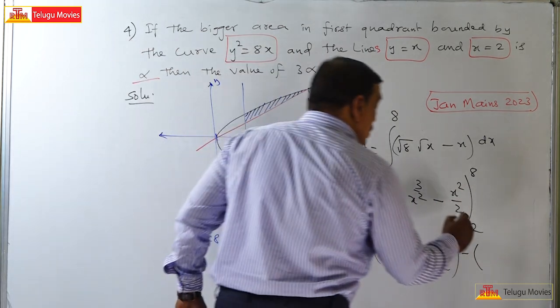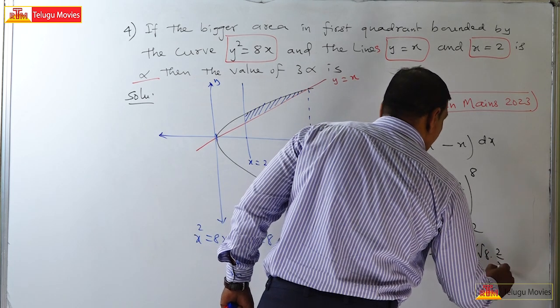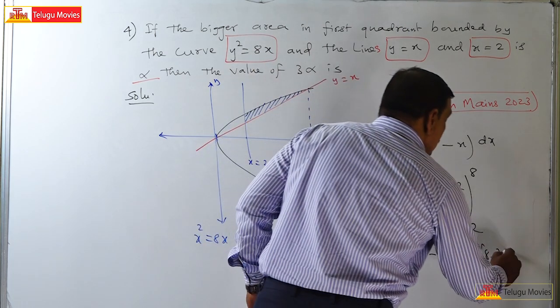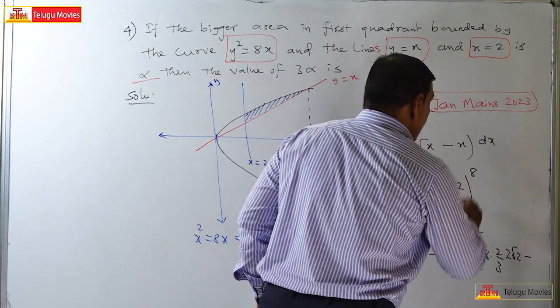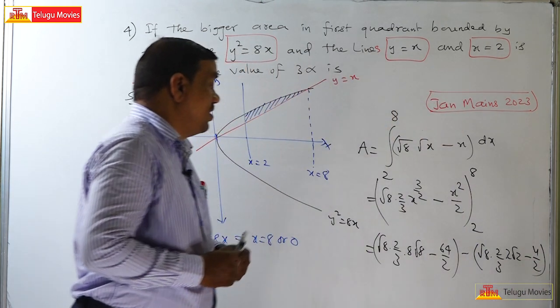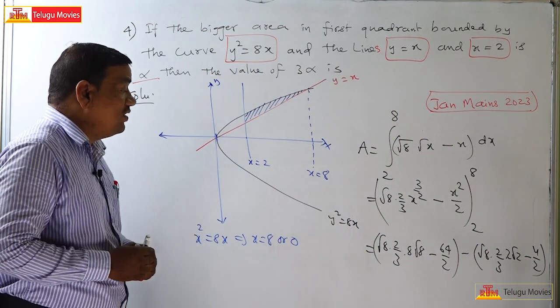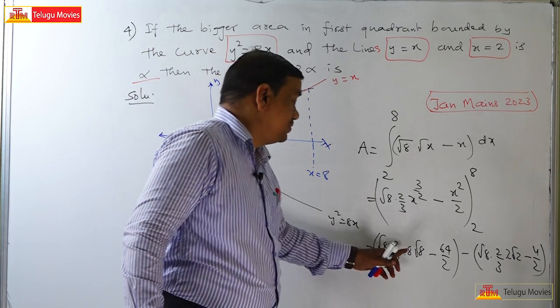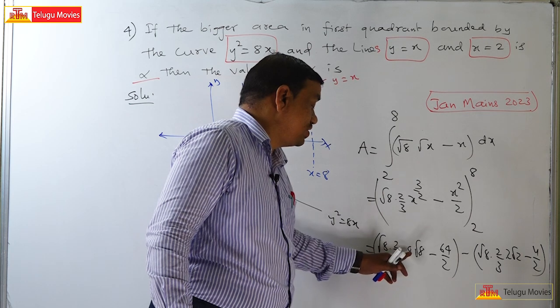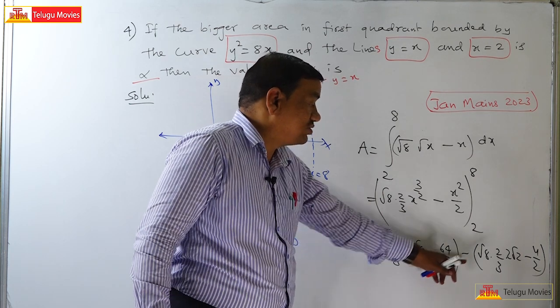The lower limit is how much? Root 8 into 2 by 3, 2 to the power of 3 by 2 means 2 root 2, minus 2 square, 4 by 2. So this is the value. Let us calculate this value: root 8 into 8, 8 8s are 64.